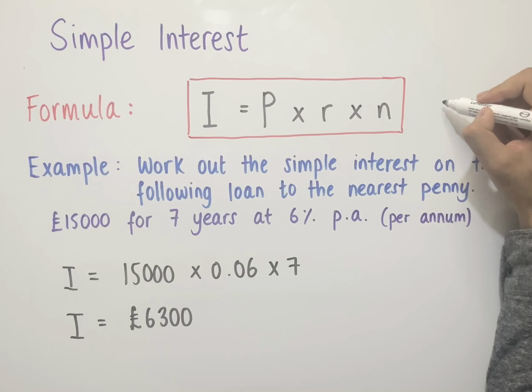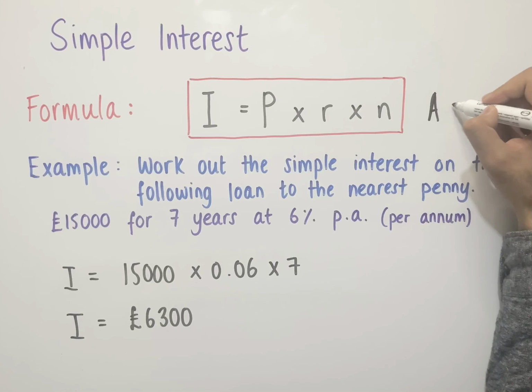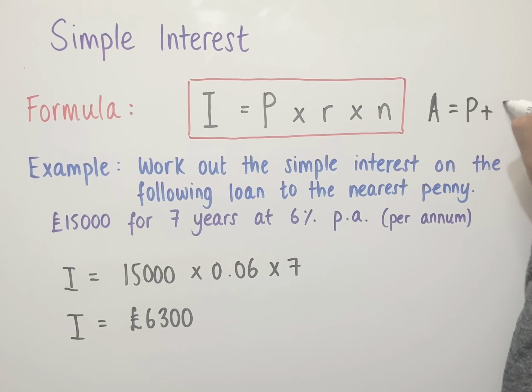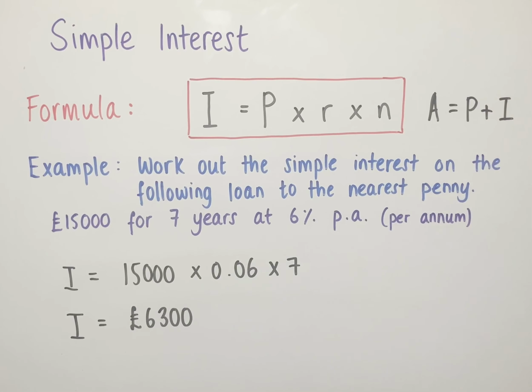Capital A, which is the amount that would need to be repaid, is equal to P, which is the principal, so the amount borrowed in the loan, plus the simple interest accumulated. So in this case, we've got a principal of £15,000, and we've got a simple interest of £6,300.